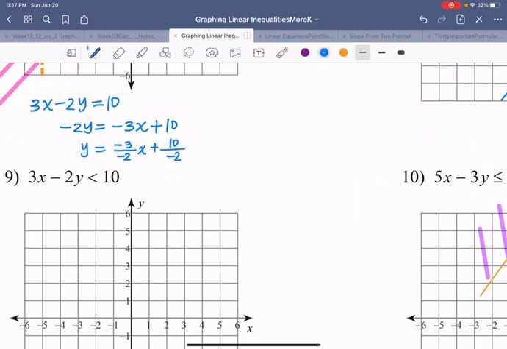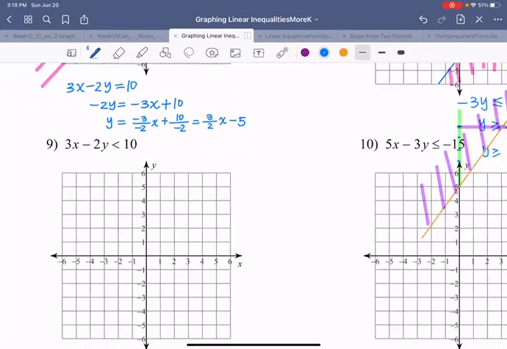This can be simplified to what? -3 over -2 is 3 over 2, correct? Yeah. And then times x. How much is this? How much? -5, right? Hey, why don't you answer my question? I said -5. Can you speak louder, okay?